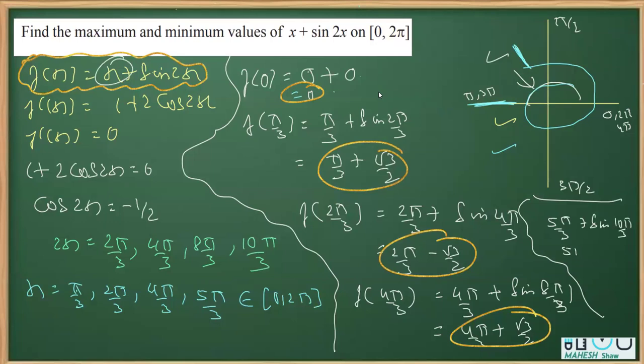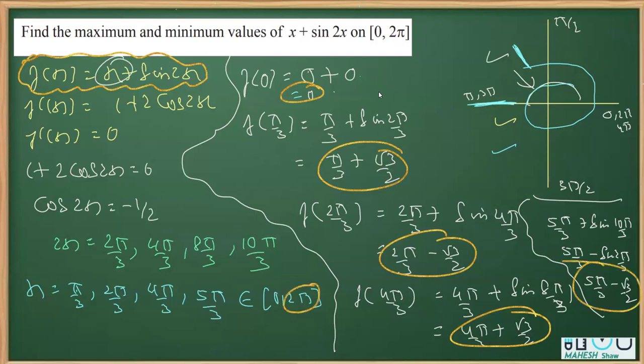So this is 5 pi by 3 plus, this will give you sine 2 pi by 3, so finally it is 5 pi by 3 minus root 3 by 2.